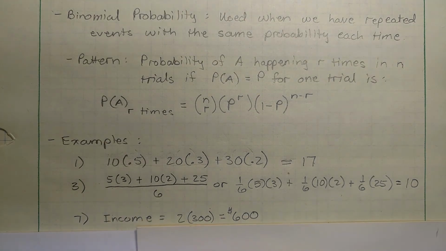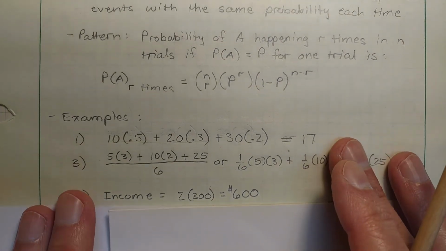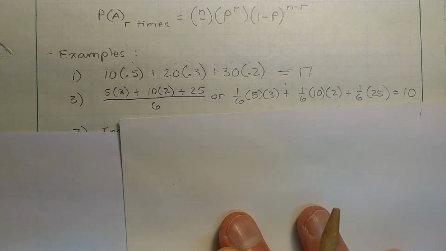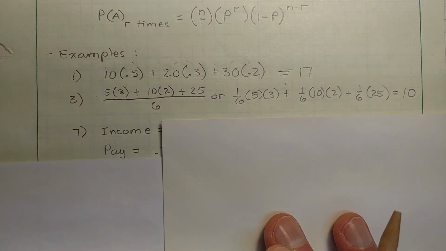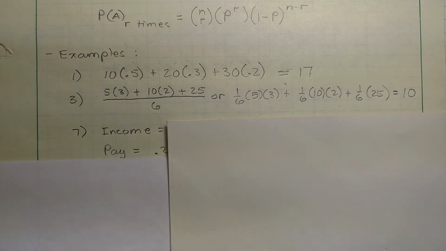Now I have to calculate the expected payout. It says 72% of the time he's right, so 72% of the time there's no payout. So the question is, how about the times when he's wrong?